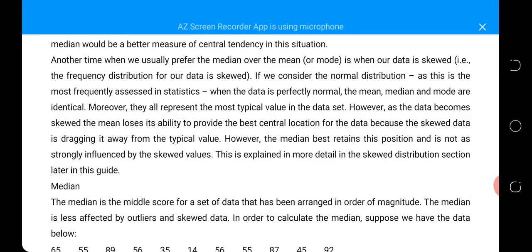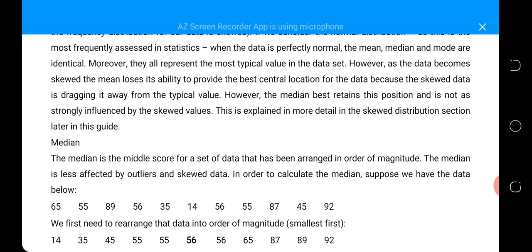However, as the data becomes skewed, the mean loses its ability to provide the best central location for the data because the skewed data is dragging it away from the typical value. However, the median best retains this position and is not as strongly influenced by the skewed value. This is explained in more detail in the skewed distribution section later in this guide.